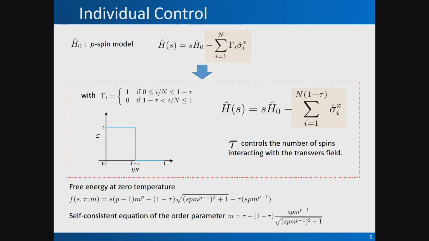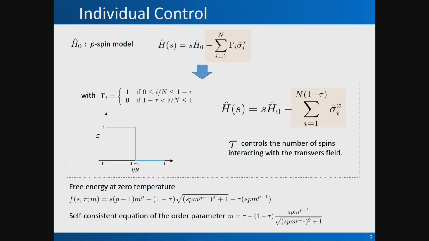For the p-spin model, we set an appropriate gamma_i. Now we set the gamma_i like this. With this form of gamma_i and this driver Hamiltonian, we can rewrite the driver Hamiltonian like this. This is for the large system size.